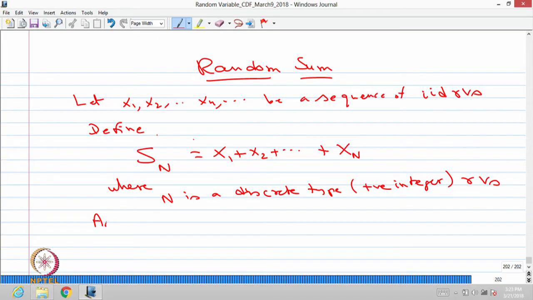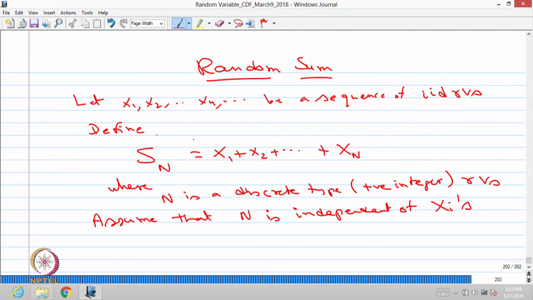I am going to make the assumption that N is independent of the xi's.